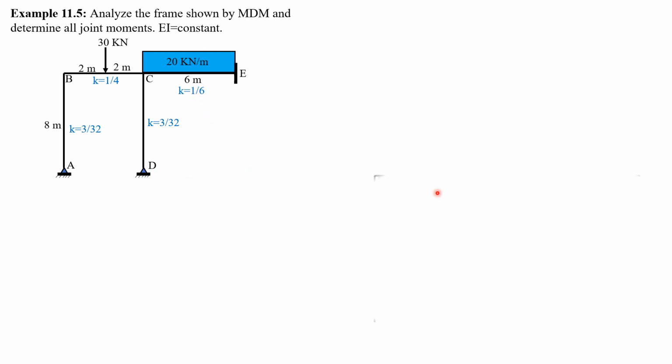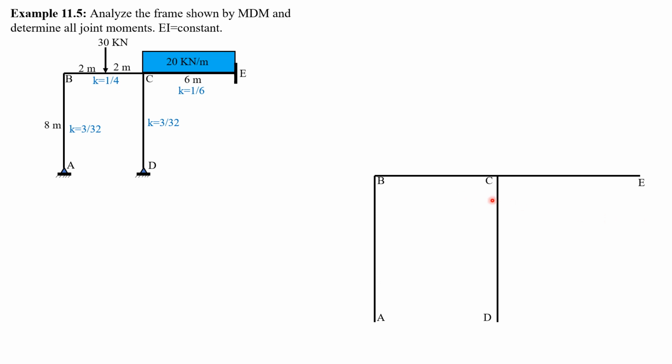Then we compute, let's have the frame. For this one, the distribution factor is negative 1.0. Here, 3 over 32 divided by 3 over 32 plus 1 over 4, and make it negative, negative 3 over 11. So therefore, 11 minus 3, this is negative 8 over 11.